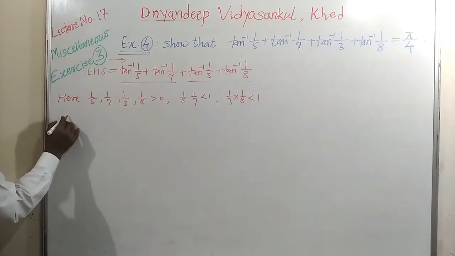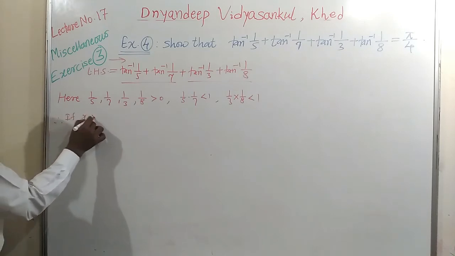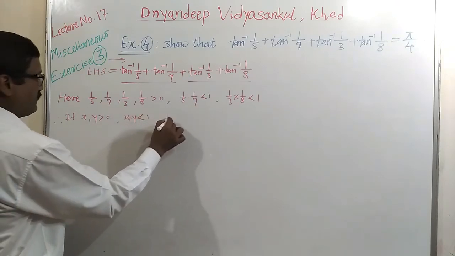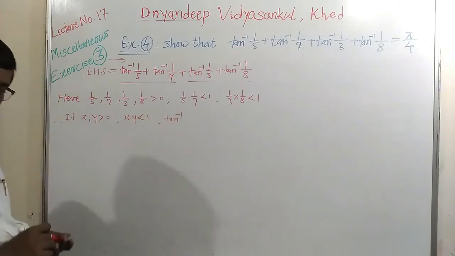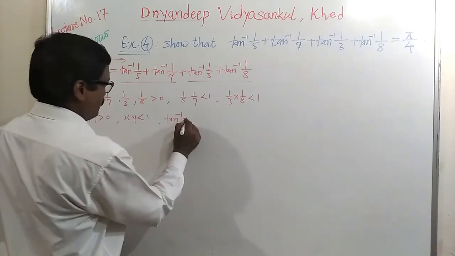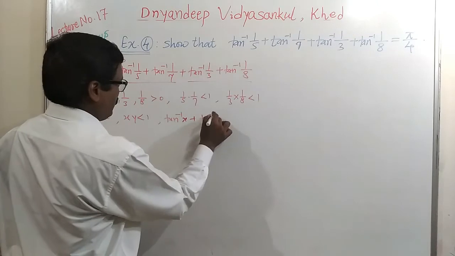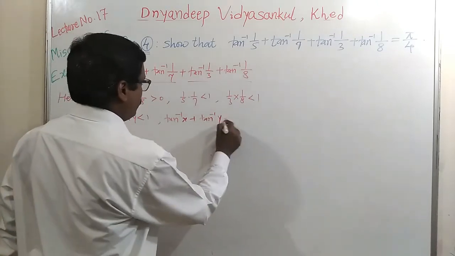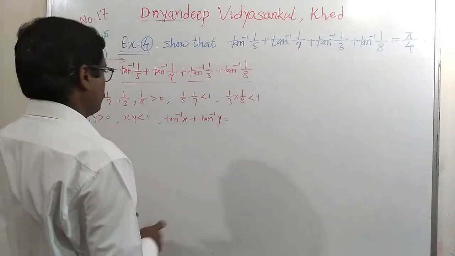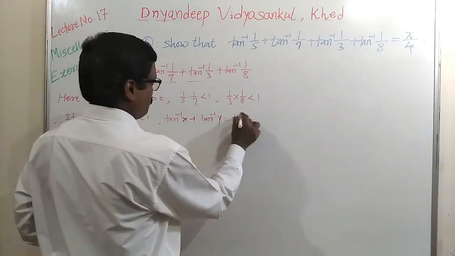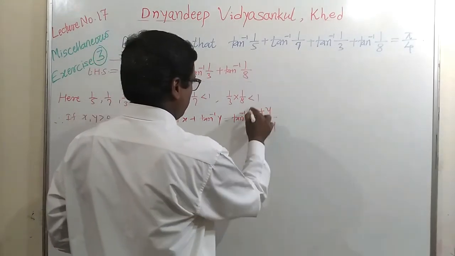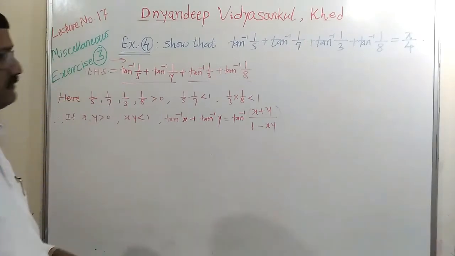Therefore, if xy greater than 0 and xy is less than 1, then tan inverse of x plus tan inverse of y is equal to tan inverse of x plus y upon 1 minus xy.